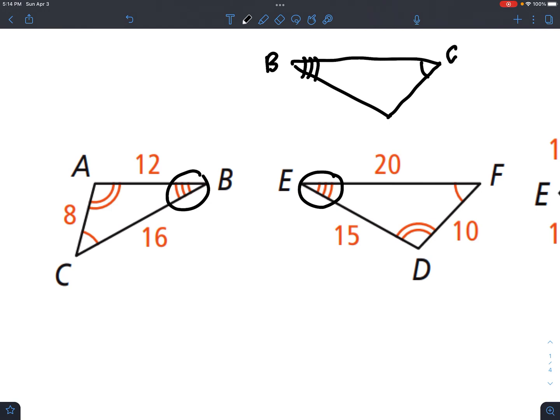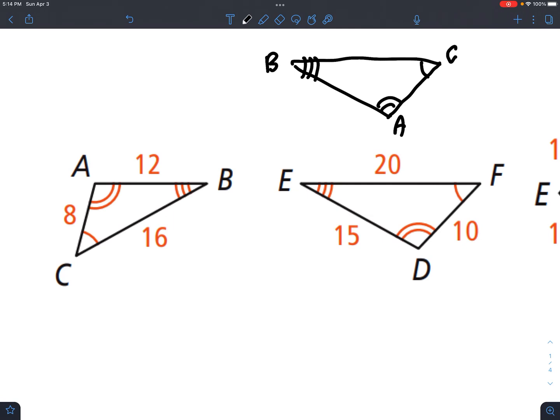The single arc is C, and the remaining double arc is B. Nope, sorry, A. Okay, and since I know that now, that helps me a lot, because now I can see, all right, this side might go with this one, and they might be proportional. And hopefully they're proportional, because they'd be similar if that's true.